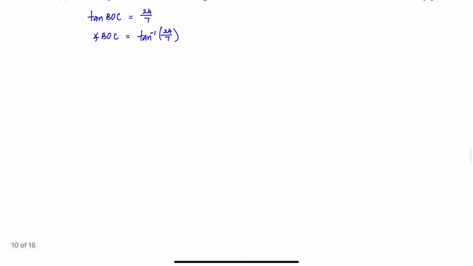So the arc length would be radius times the angle, which is 7 times arctangent 24/7, and this would give us a very long decimal number, but we can write it as 9.009.